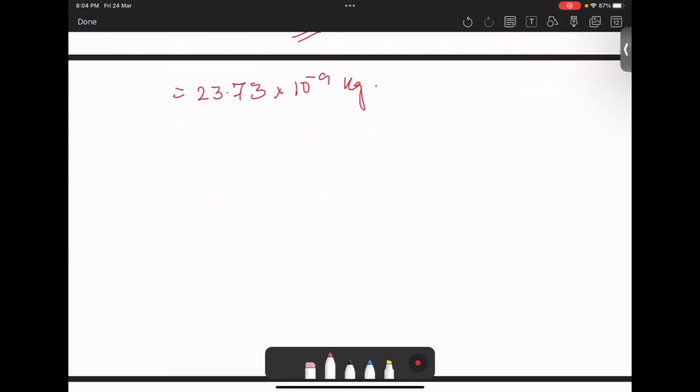So the mass loss then becomes the weight loss, which we have found out just earlier. And then weight loss divided by gravity gives you the mass loss.